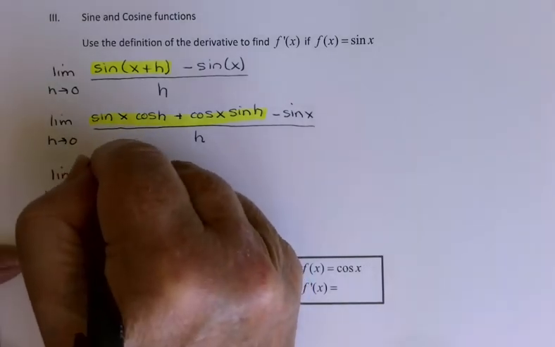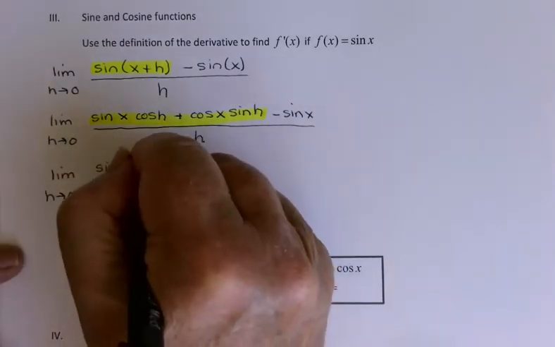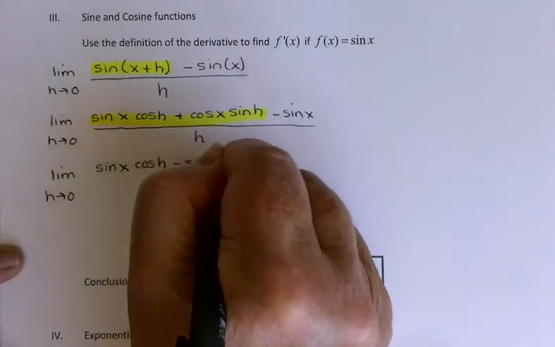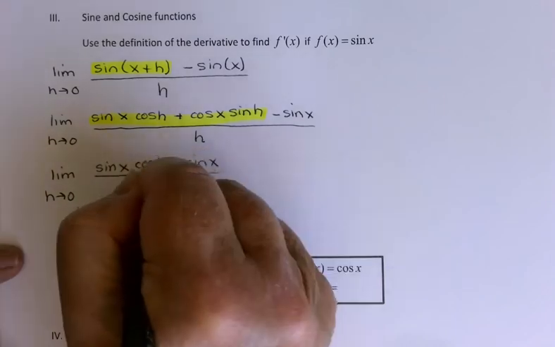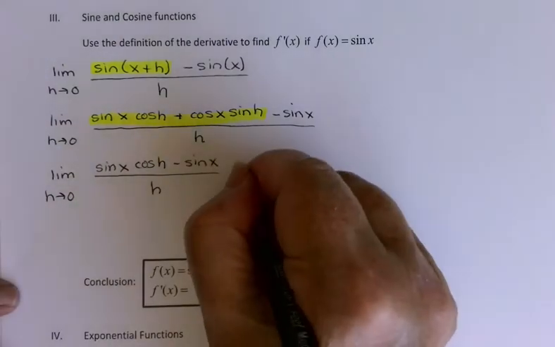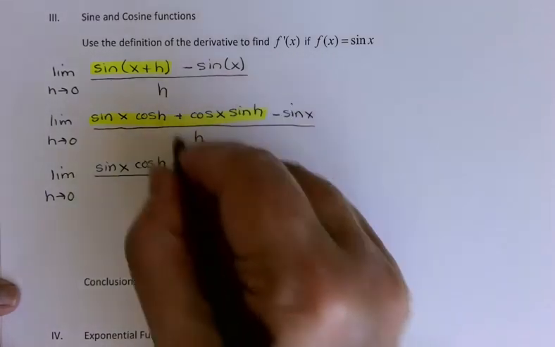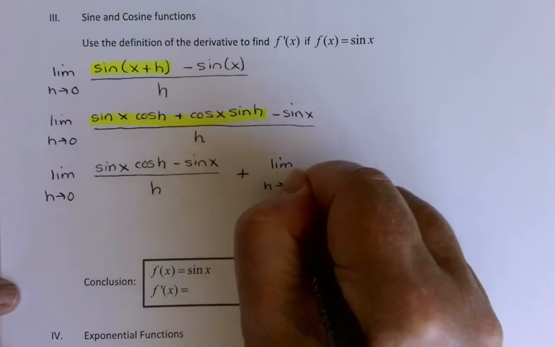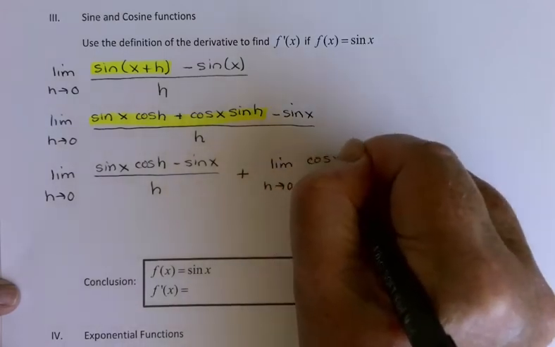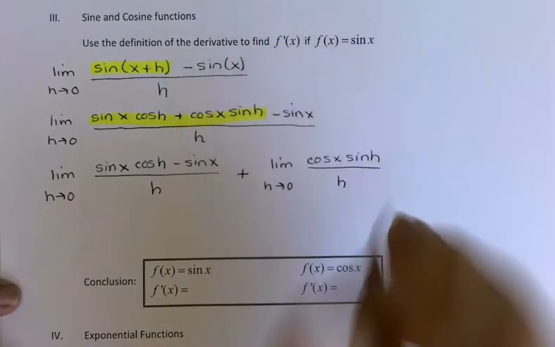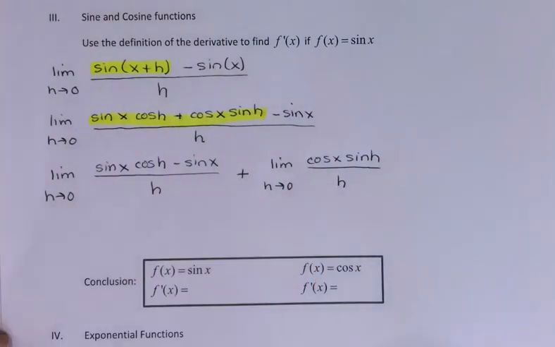So I would have sine x cosine h minus sine x, all the parts that have sine x in them anyway, over h, plus this middle term, I'm separating that out as its own limit. And I'm adding, so I do have to have the common denominator for both of them.